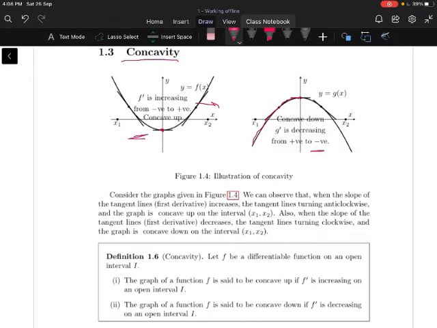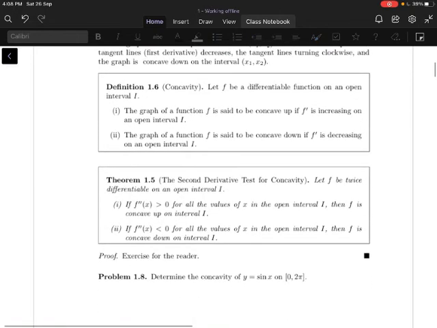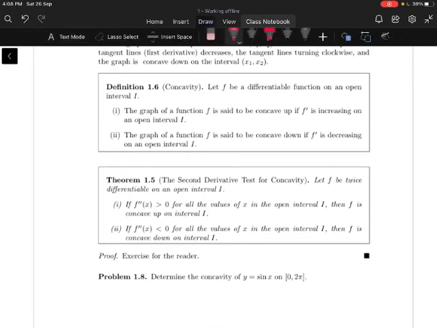We have seen the earlier definitions. Now let us move to the definition of concavity with the help of the previous concepts here. Let f be a differentiable function on open interval I. The graph of a function f is said to be concave up if f dash is increasing on the interval I. Concave up means like this.